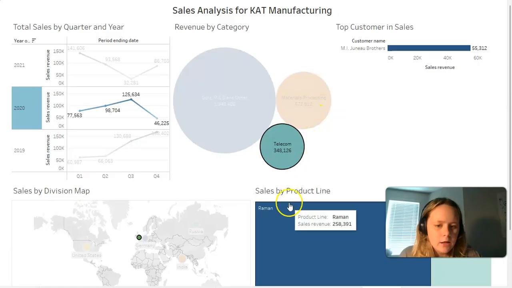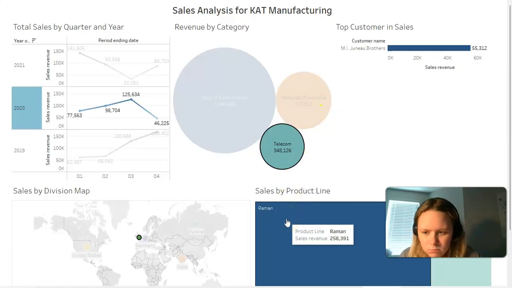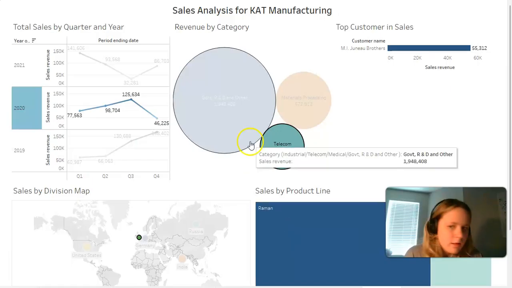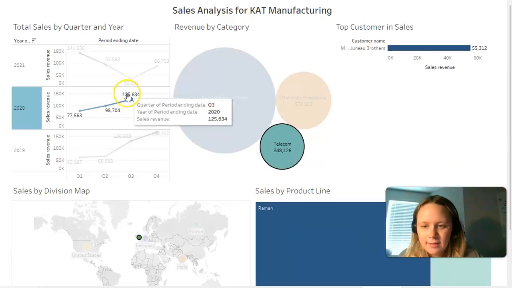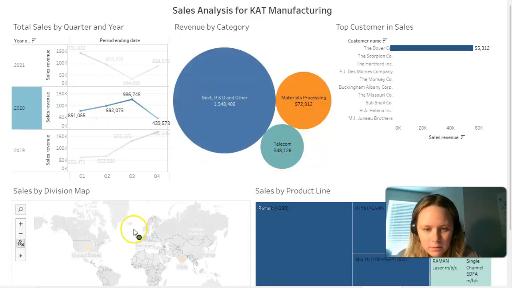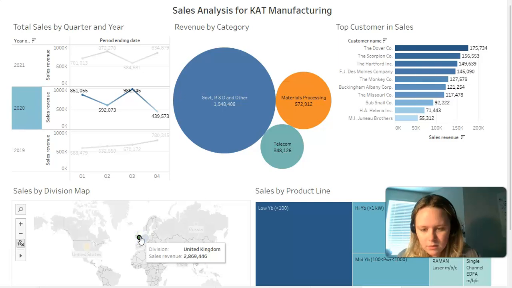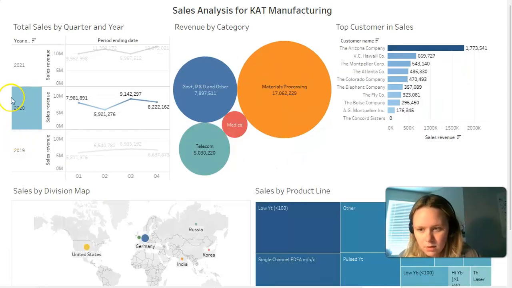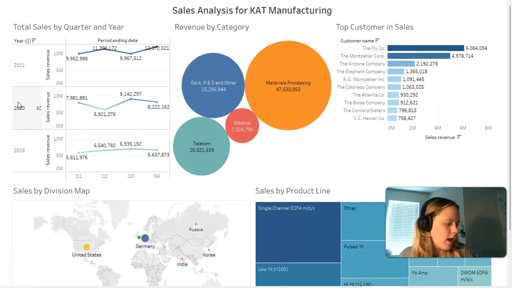And that is the third quarter that has the highest sales. And then we deselect those.